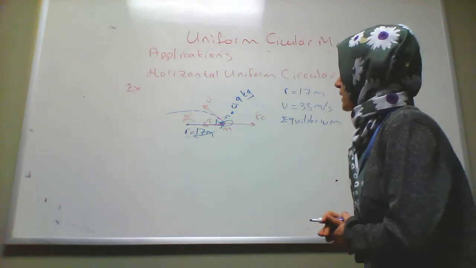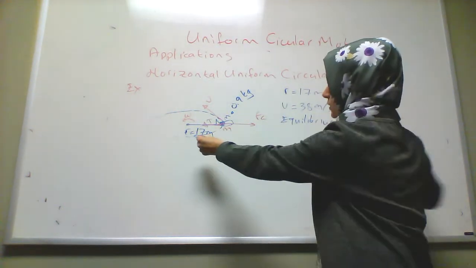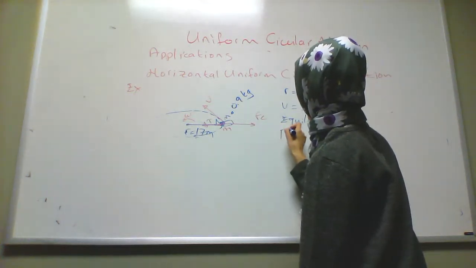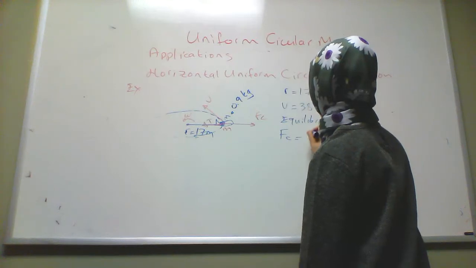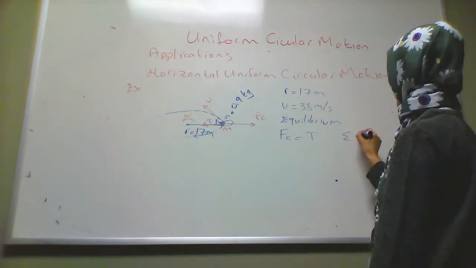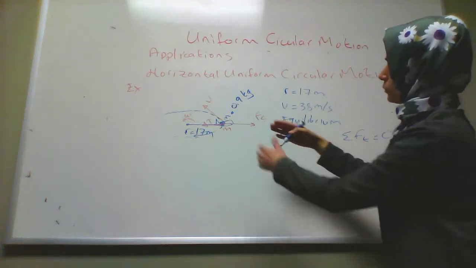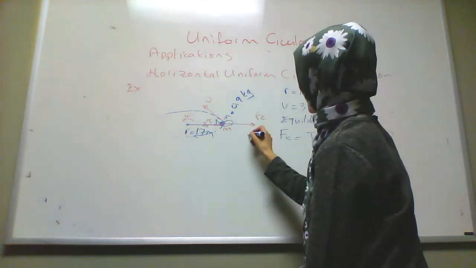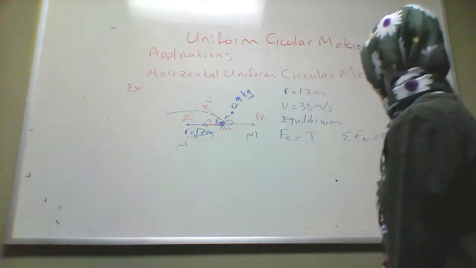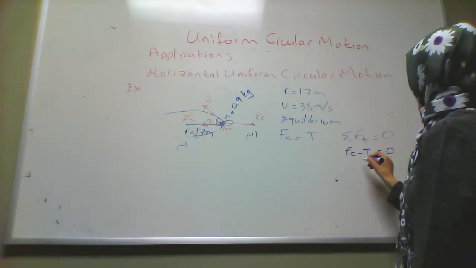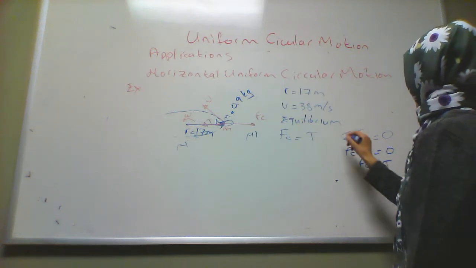Total forces are 0, so forces pulling one side will be equal to forces pulling the other side. We have F total equal to 0, and we choose one direction as positive. Let's choose this as positive, this as negative. Then Fc minus T is equal to 0, so Fc is equal to T.